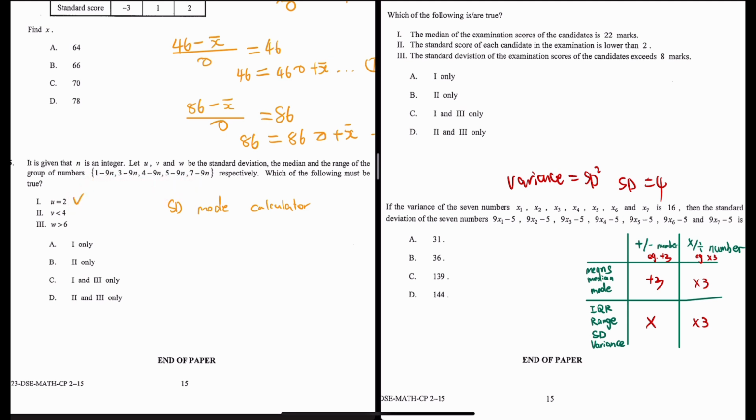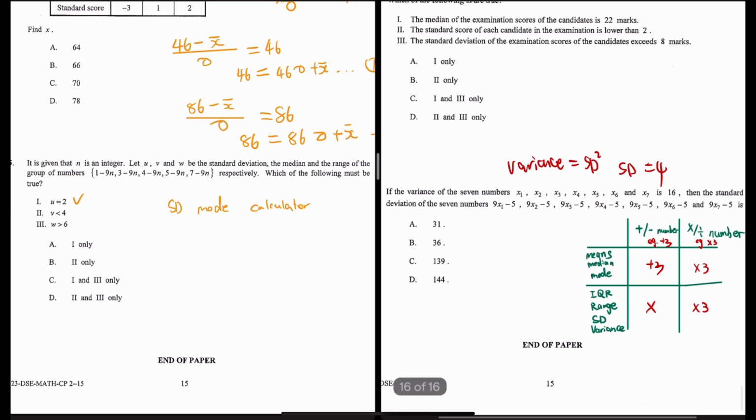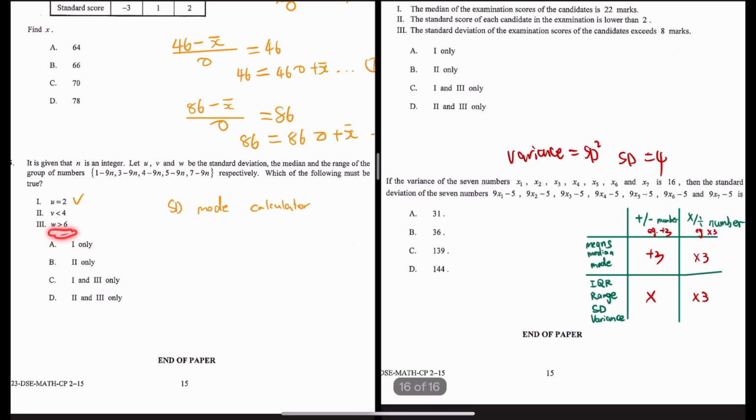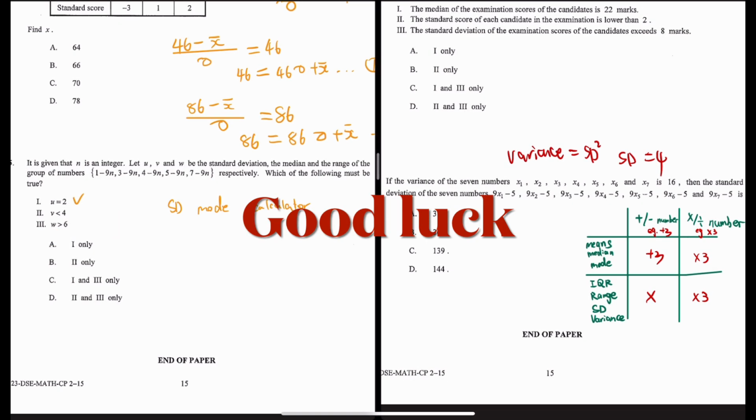Then the median smaller than 4: the middle one should be this one. We just sub n equals 0, so the median is just 4, not smaller than 4, so not correct. And then the range, you use this one minus this one. It should be 6, not larger than 6. So the answer is 8. Okay, so have a good night.